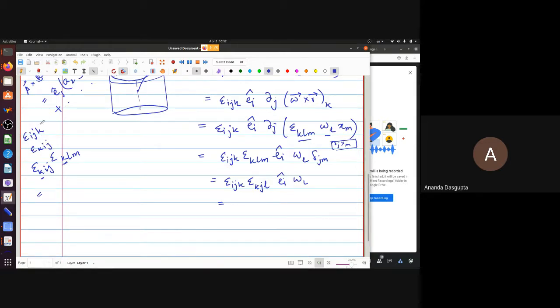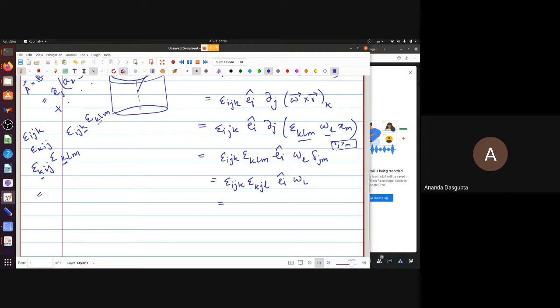We cyclically permute the indices, that does not change the value of epsilon. And the formula that you perhaps remember is the one in which the dummy index is the first one in both, or the last one in both. At least it has to be in the same place. I wrote epsilon ijk epsilon klm.